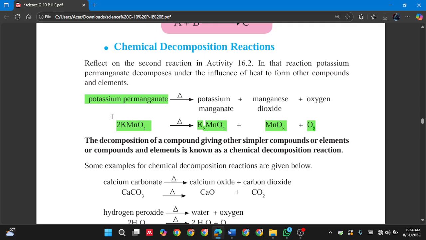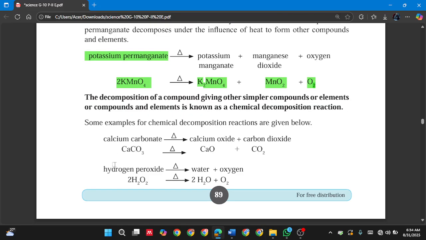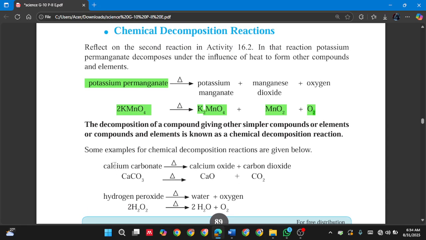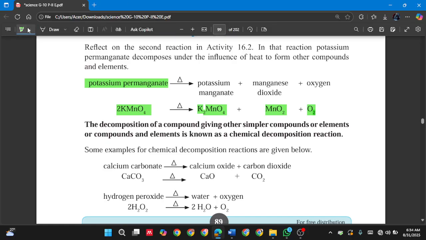So we have potassium permanganate, it converts into potassium manganate and manganese dioxide and finally oxygen. Okay, so this is a decomposition reaction. Here they have given the definition: the decomposition of a compound giving other simpler compounds or elements.